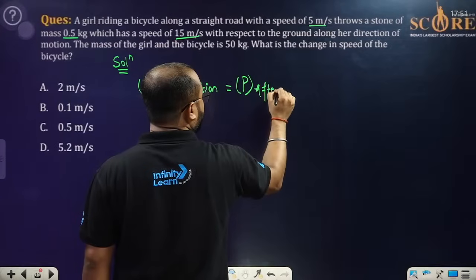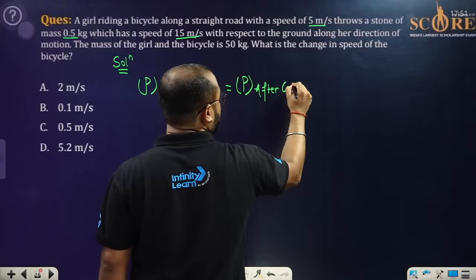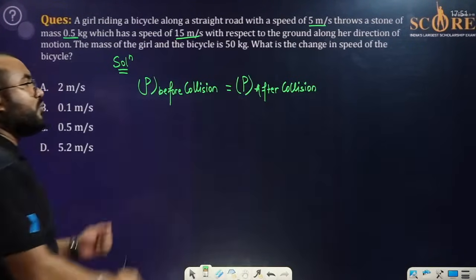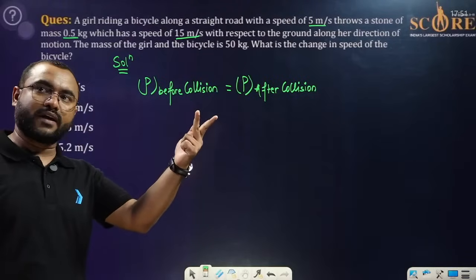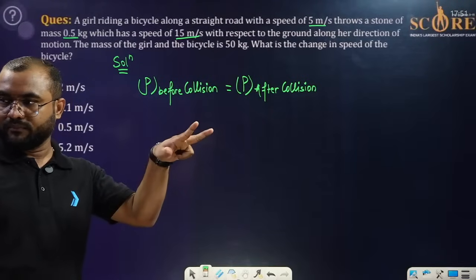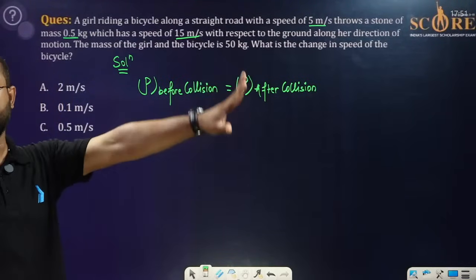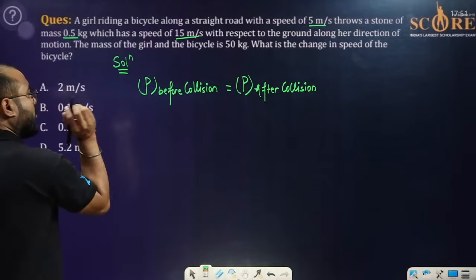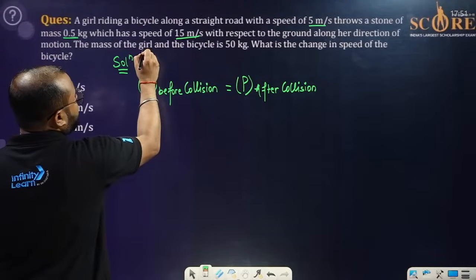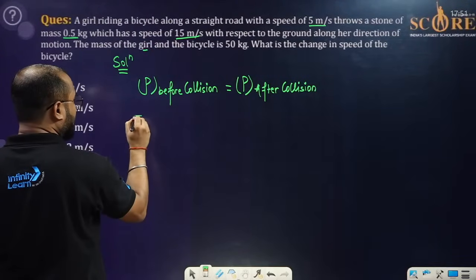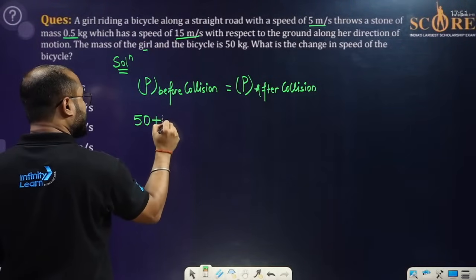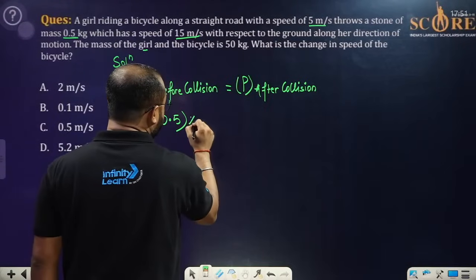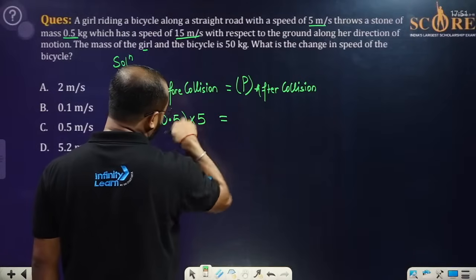Before collision, the stone, girl and bicycle were all moving in the same direction, as the same body. The mass of the girl and the bicycle is 50, and the stone is 0.5. These three things were moving with the velocity 5 meters per second. That is before collision.